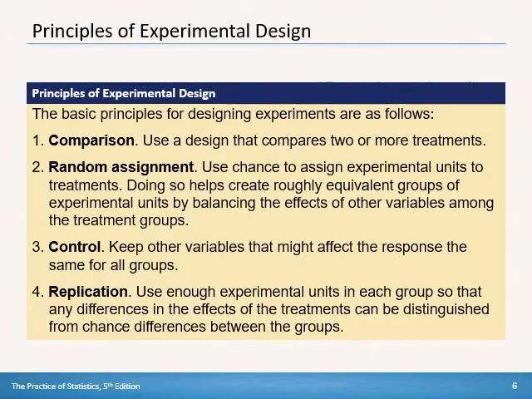And so then we talked about big groups. We want groups big enough. And that deals with replication. So replication stands for how many people are in each treatment group. We don't want 2 people in one group, 2 people in another, because those people may be very different. But if I have 2,000 people in one group and 2,000 people in another group that were randomly assigned to those groups, then we are pretty safe to assume that those two groups are very similar.